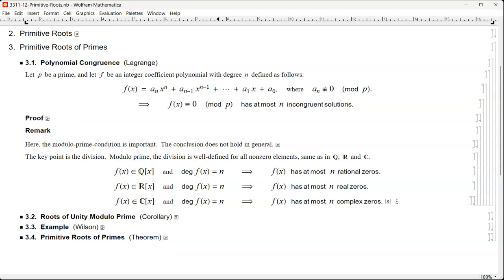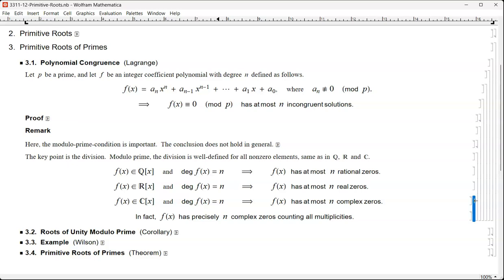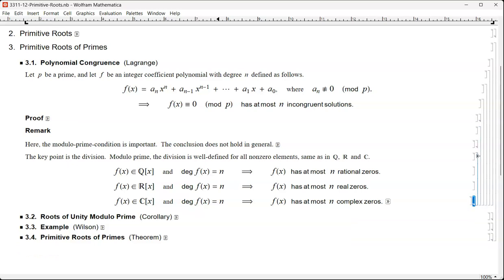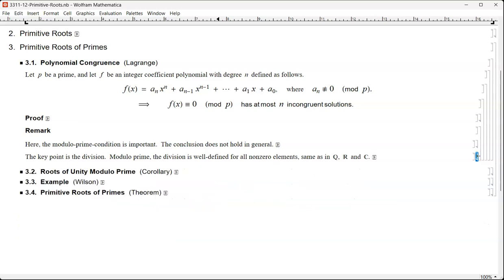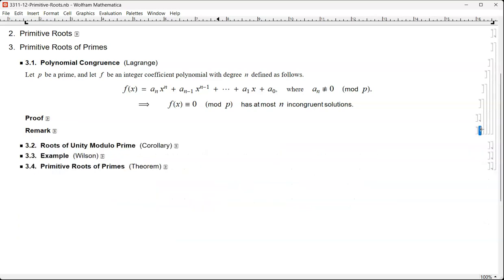In the special case of complex polynomials, as a matter of fact, we can say that f of x has precisely n complex zeros if we count all the multiplicities. But if we discard all those overlaps, the duplicates due to multiplicities, then we have the same thing, at most n complex zeros. Same as here, at most n incongruent solutions modulo p.